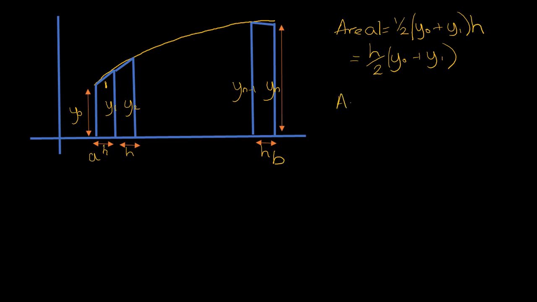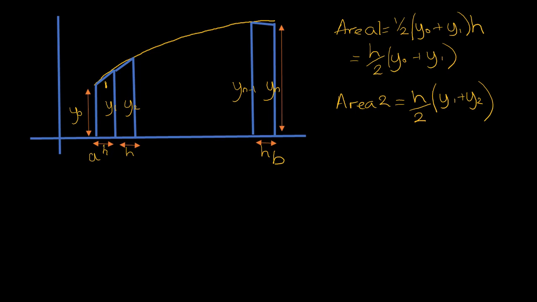So now let's look at the area of the second one. That will also be h over 2 because it's got the same width, but this time it will be y1 plus y2.